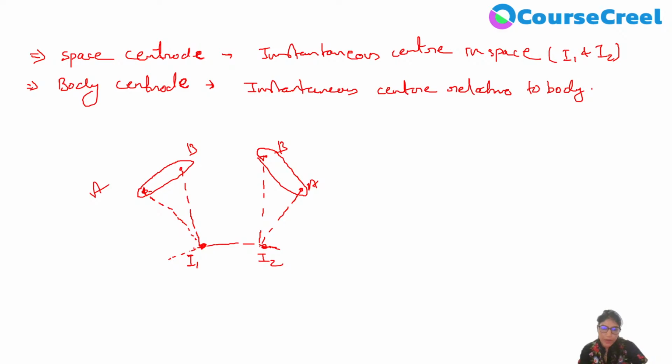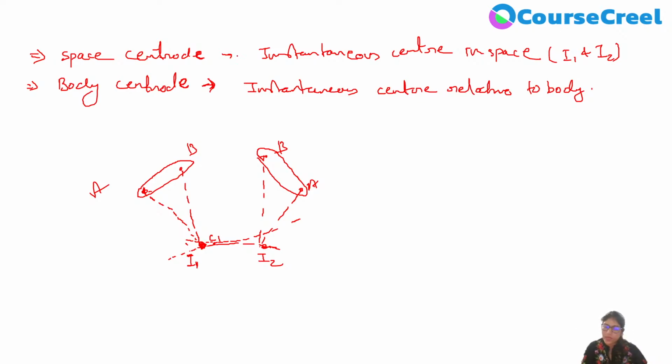Okay, तो यहाँ पर जो हमारा सेंट्रोड आएगा, सपोज अगर हम यहाँ पे पोजीशन लेते हैं C1. Okay, so C1 can be on the same point of I1 or it can be on different point. Okay, so there is a difference between space centroid and body centroid.